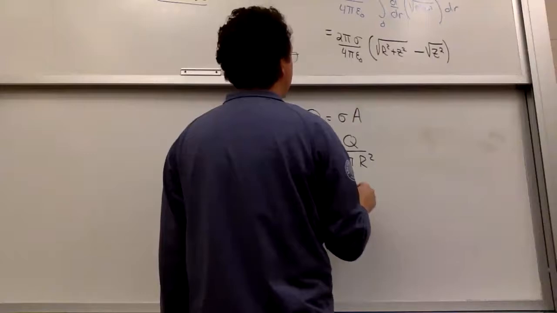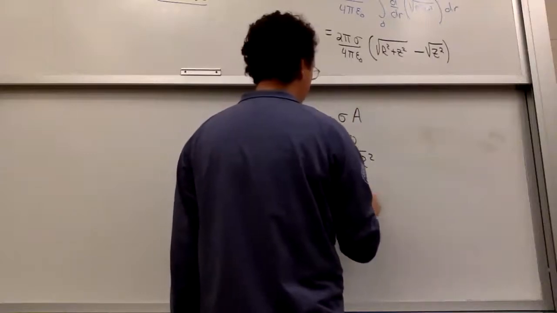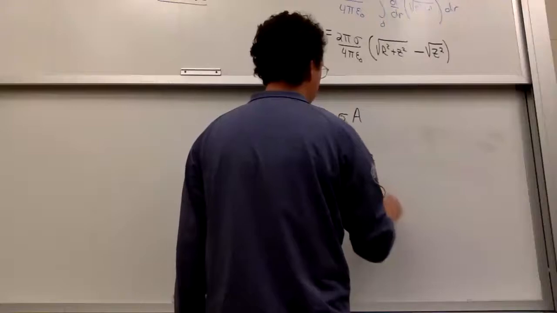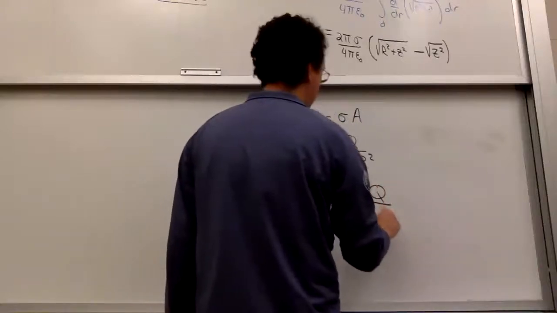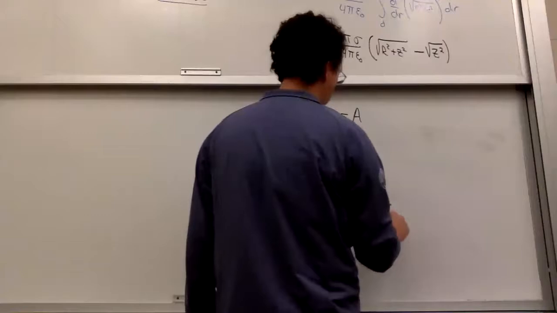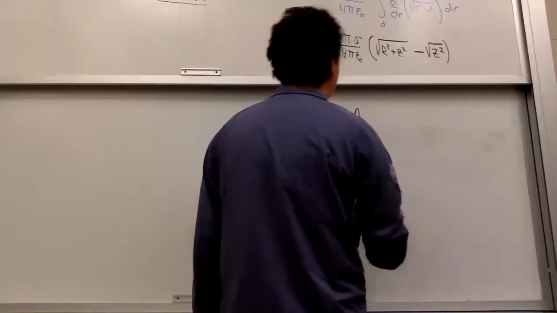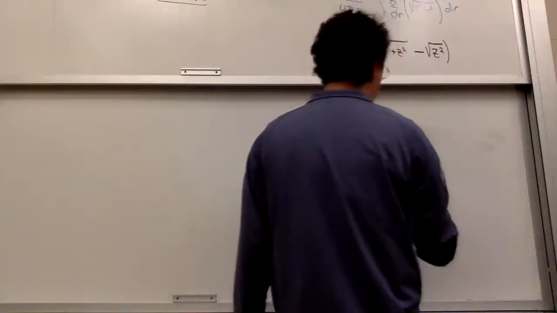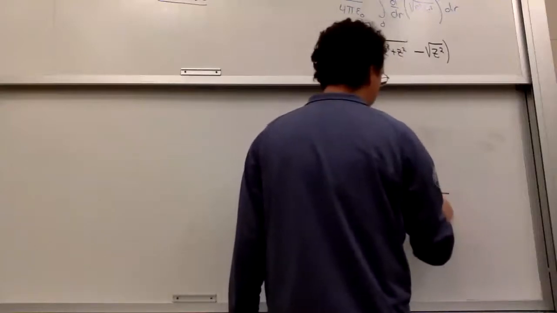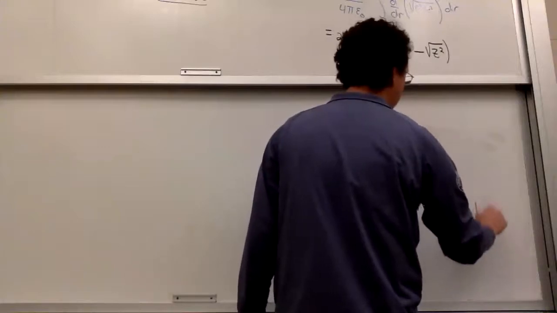So I'm going to get Q over 2 pi R squared times the square root of R squared plus z squared minus the absolute value of z.